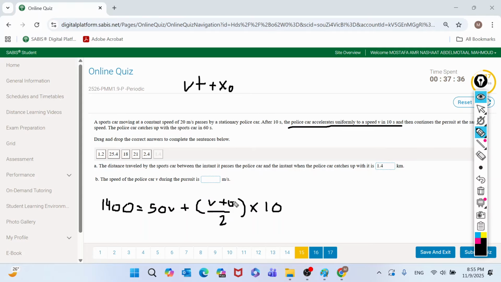So 1,400 equals 50v plus v over 2 times 10. You get 25.45. Yeah, so the answer is.